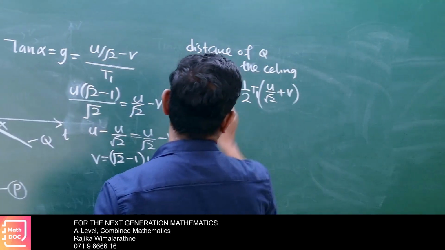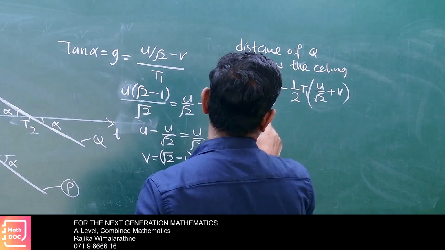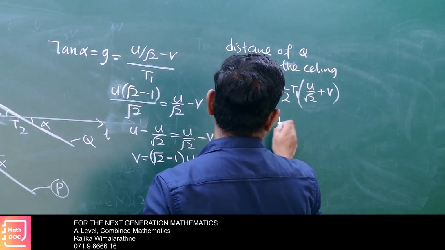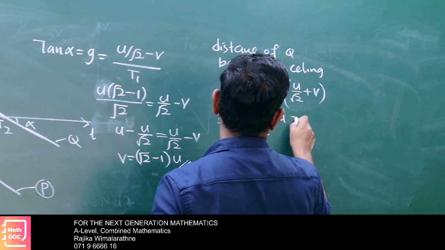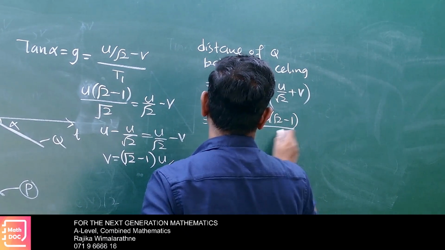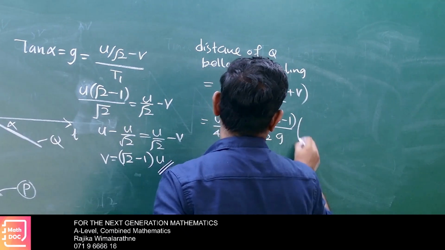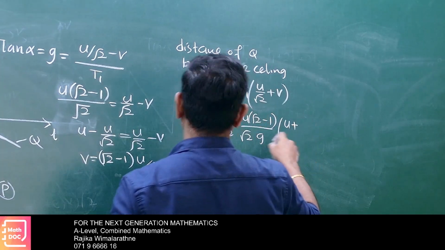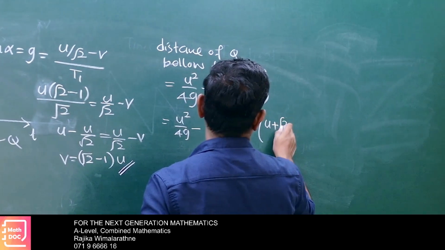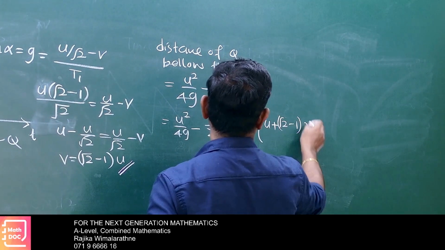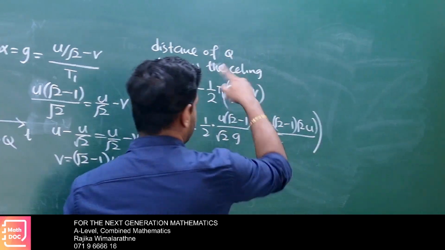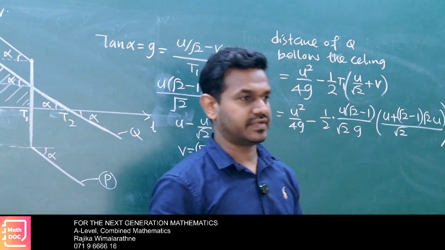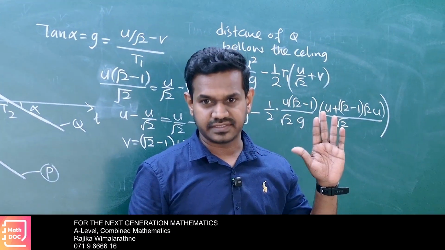Now you simplify this: U squared over 4g minus 1 over 2 times t1, which is U times root 2 minus 1 over root 2g, times U plus root 2 minus 1 times root 2 U divided by root 2. Okay, now just simplify that one. Then that will be your answer.